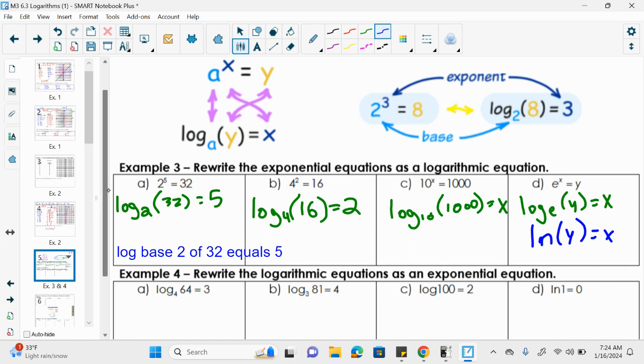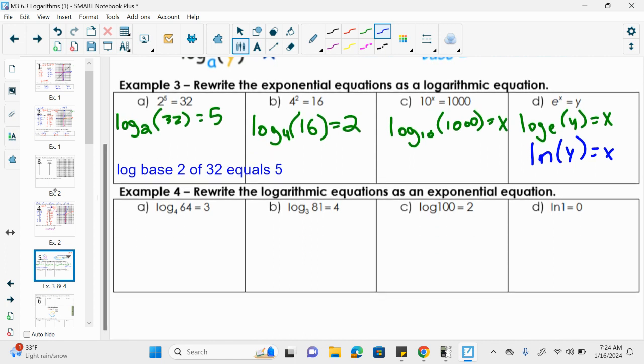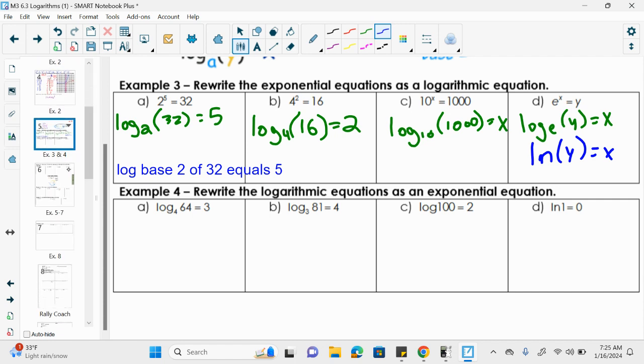We could also go the other way. So if it's written as a logarithmic equation, could we change it to an exponential equation? So now the base is going to become the base of the exponential equation. So 4, then our exponent, what it equals at the end, to the third power equals 64. Or 3 to the fourth power equals 81.